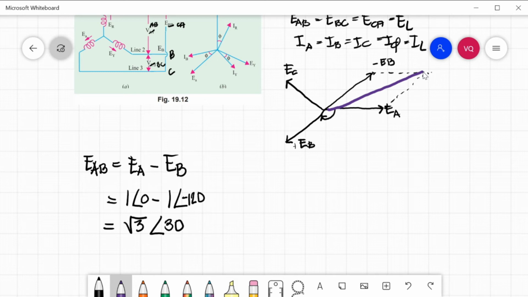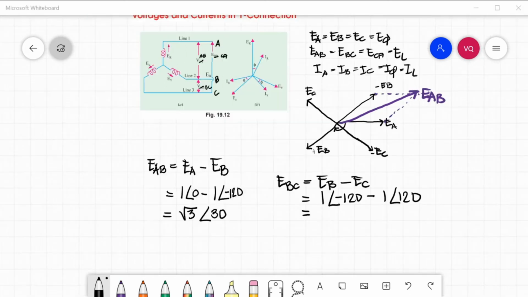EAB. Same procedure in EBC. So EBC, we have EB minus EC. So your negative EC is the negation of your positive EC.